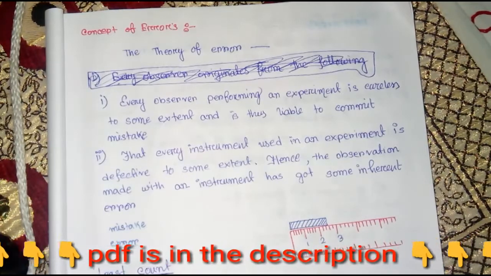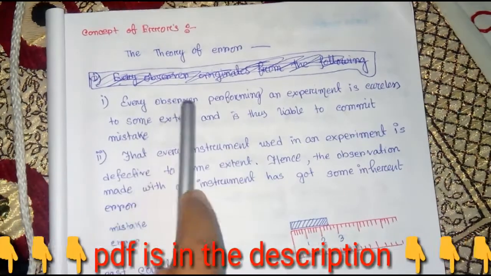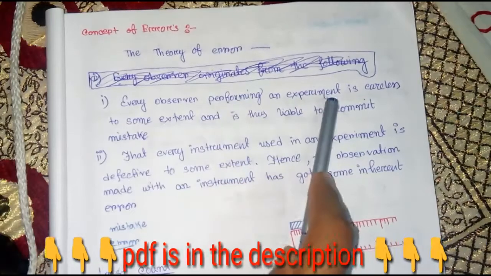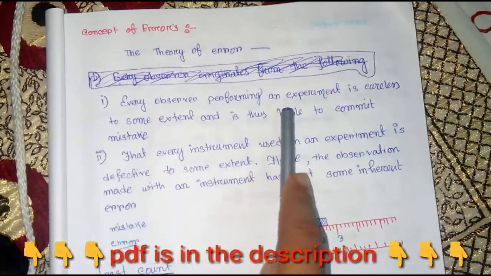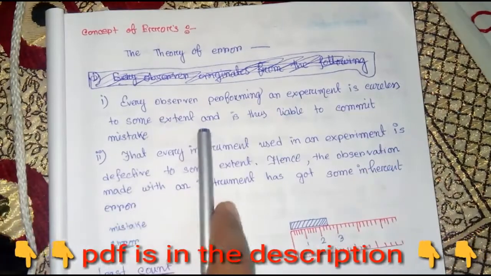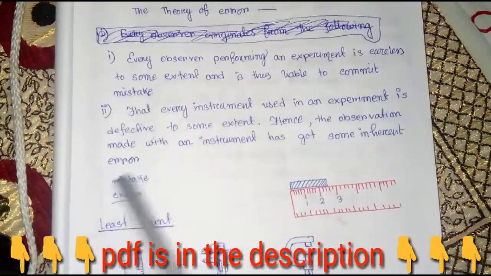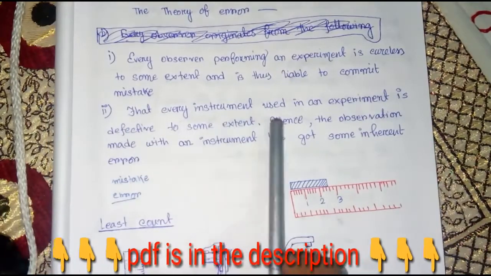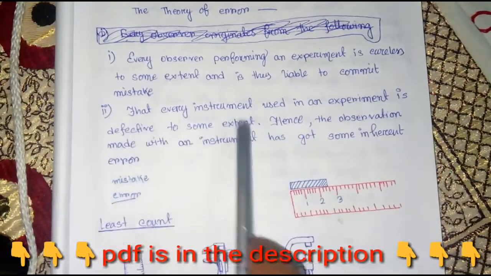So what is the error? The theory of error is that every observer performing an experiment is careless to some extent and is thus liable to commit mistakes. The second is that every instrument used in the experiment is defective to some extent.